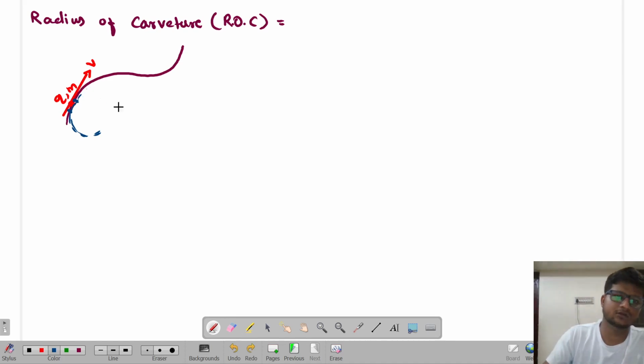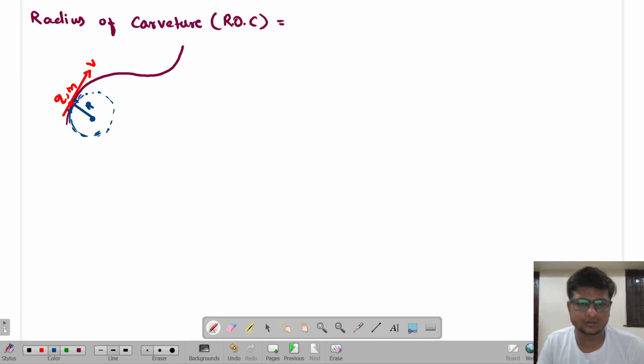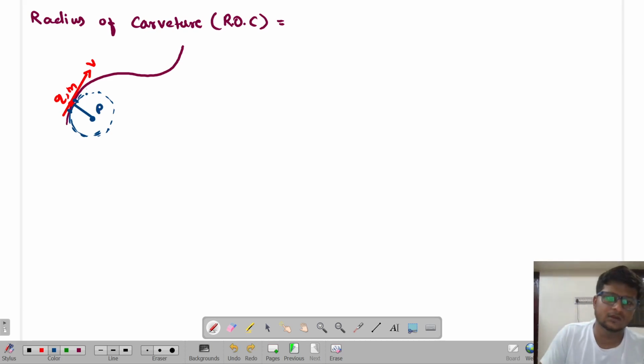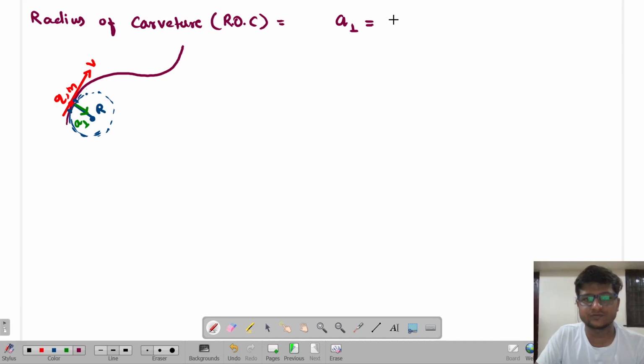Now, if this is my circular path, then what is the radius? The radius of curvature is basically the radius of this small arc. How do we find it? If I know the perpendicular acceleration component, then we know that perpendicular acceleration, or centripetal acceleration, is v square by r.